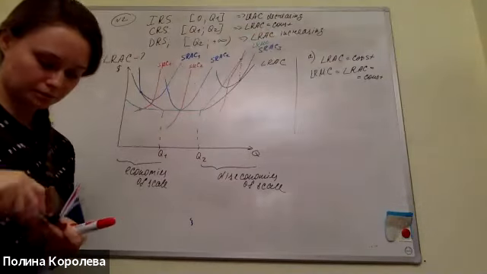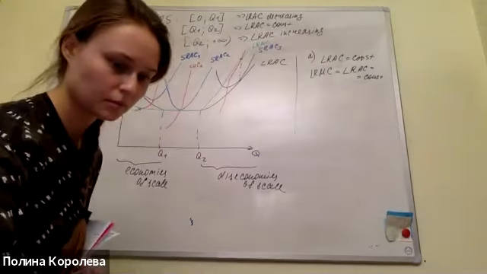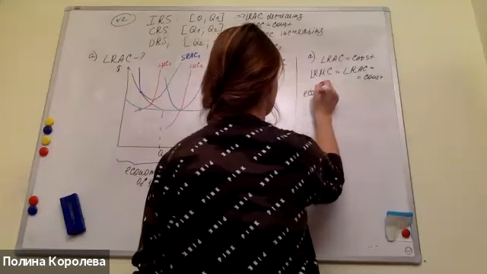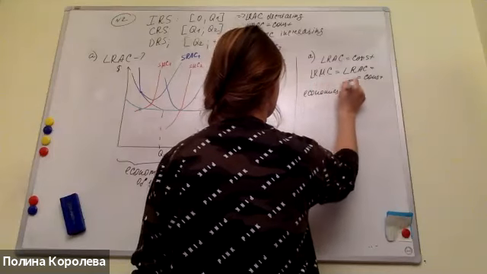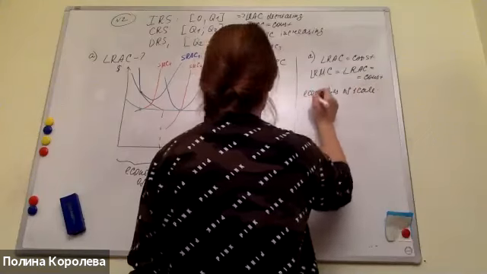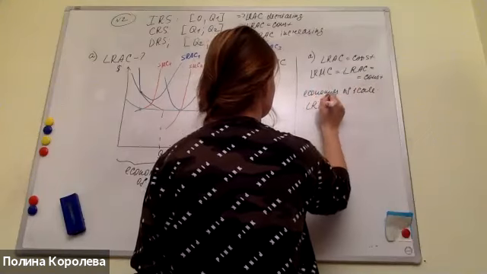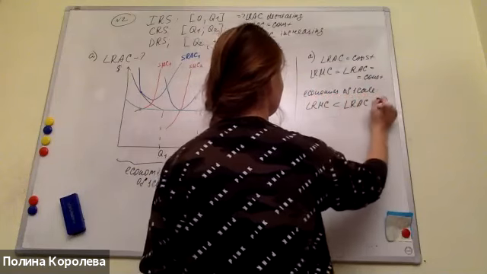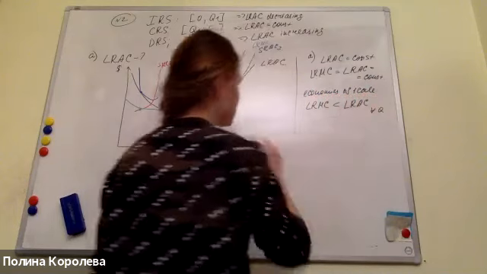Let's write down that when we have economies of scale, long-run marginal costs are lower than long-run average costs for each quantity.